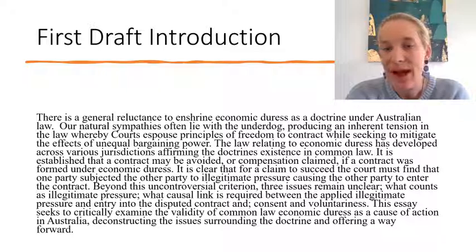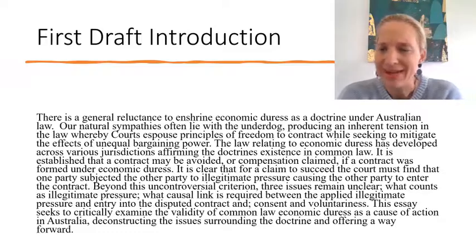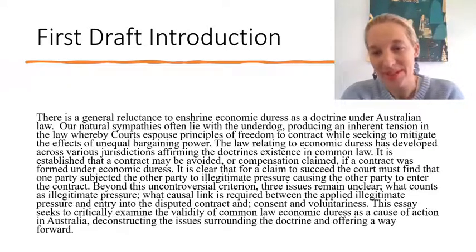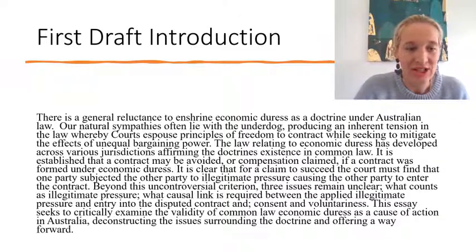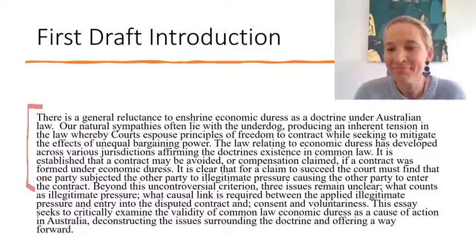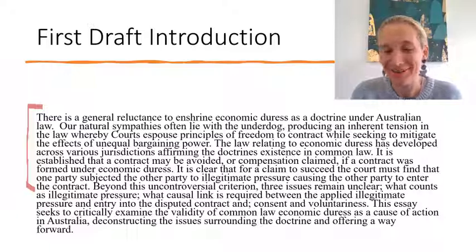Then they're talking about the development of this doctrine of economic duress generally. Then they're talking about its key elements generally, and then what the party must prove in order to be successful generally. So this entire first section is a whole lot of background or contextual information.